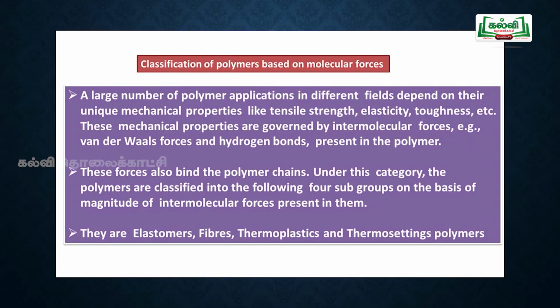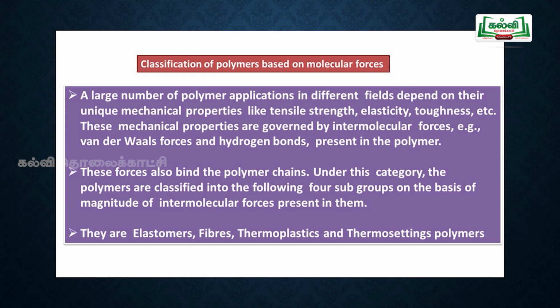For example, if you make a cut on the rubber tree, you will get a liquid called latex. That you coagulate to get rubber, and you cannot use it to manufacture buckets, mugs, toys. So different polymers have different properties.